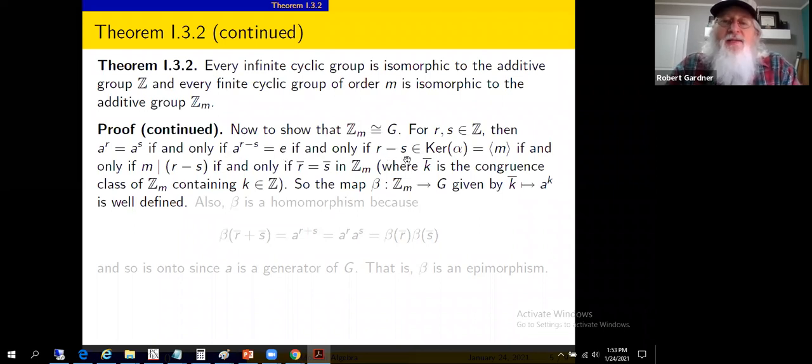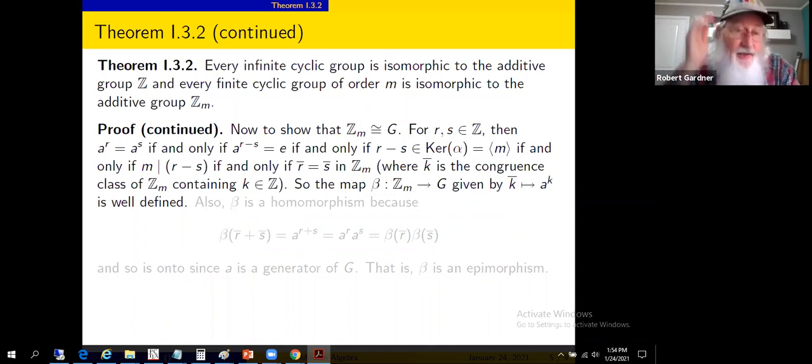So we've got r minus s then being in the cyclic group generated by m, we saw the kernel was of that form before. Well, r minus s is in the cyclic group generated by m, just all integer multiples of m. That occurs if and only if r minus s is some multiple of m. That is, if m divides r minus s.